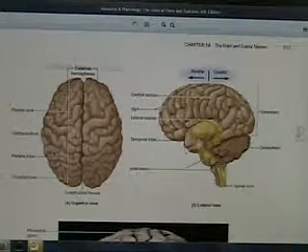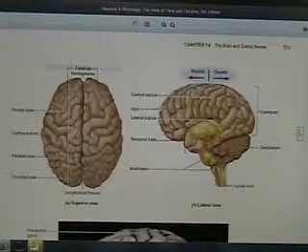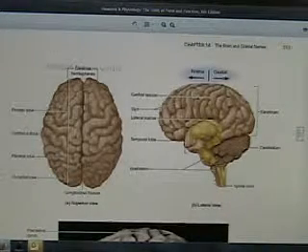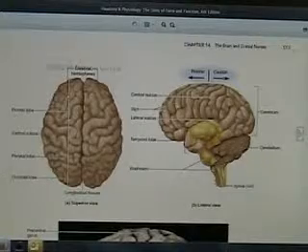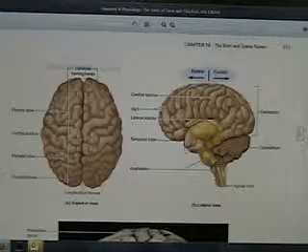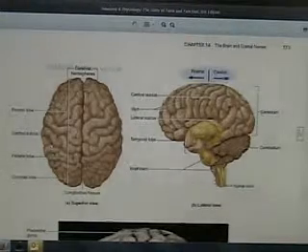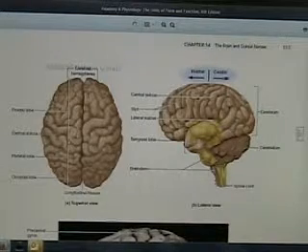Just like the cranial bones, which protect the brain, there are the lobes of the brain, or major sections of the brain, labeled accordingly. Frontal lobe for the front. There's also a central sulcus here.